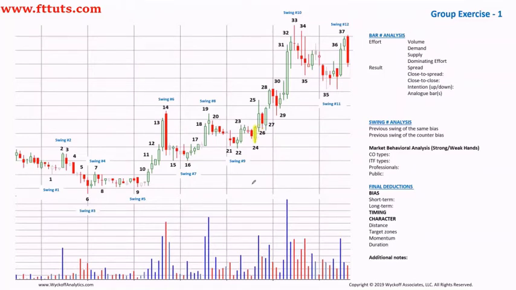So 24 is a very interesting bar because it's not necessarily a bar that calls attention to itself, right? It's kind of a medium-sized spread to the upside, medium-sized volume bar. But what do you think is significant about this bar?